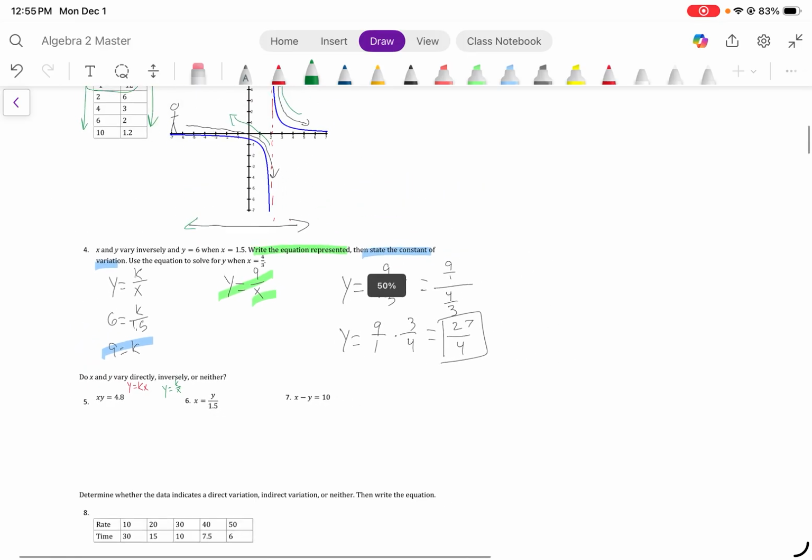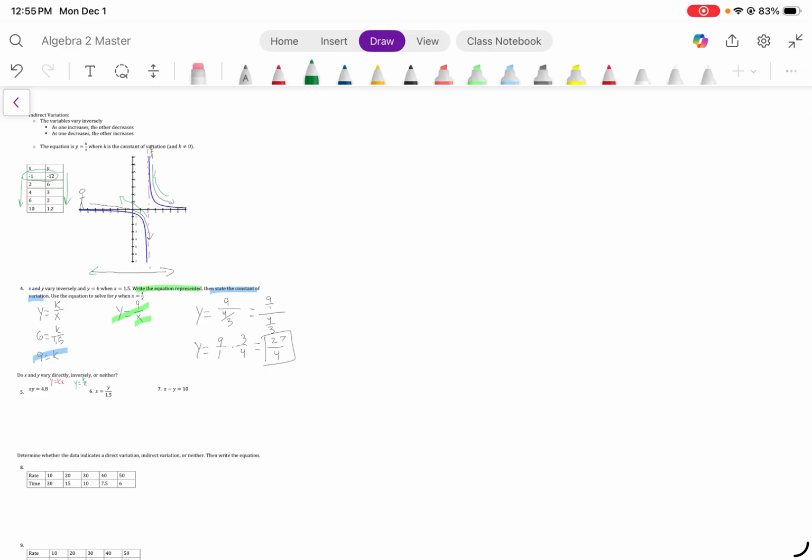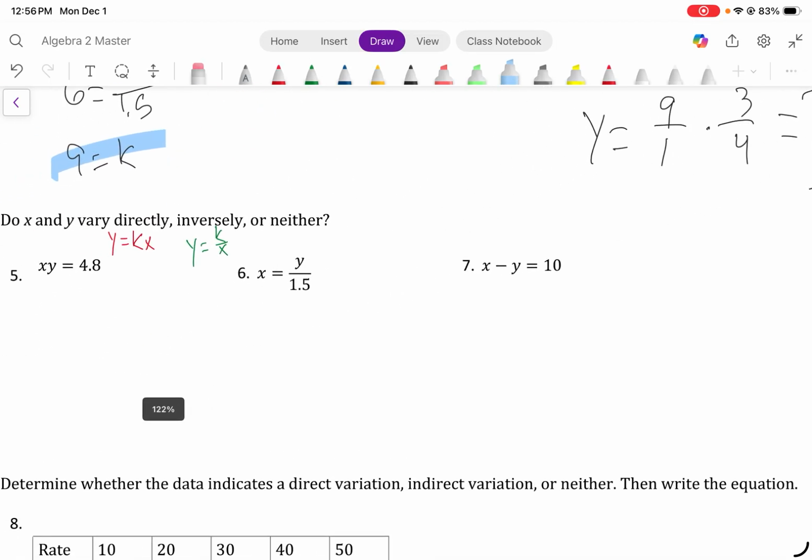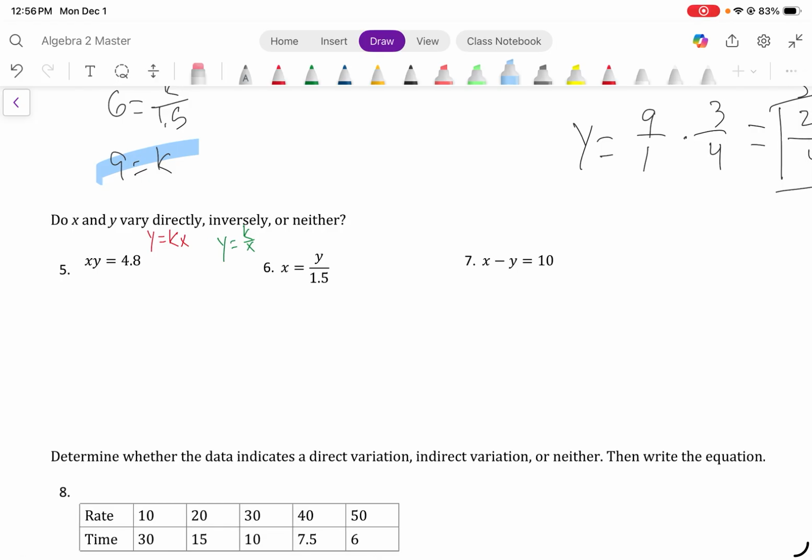That's just going back to what we said up here and what we said in the previous video. For number 5, x and y are together, which is not the situation in either one of these. So I want to move x to the other side to get y by itself. And if I do that, I'm going to end up with y is equal to 4.8 over x. That's the second one. This is varying inversely.